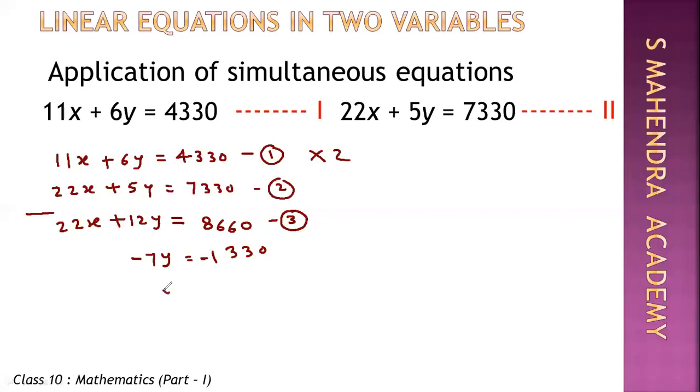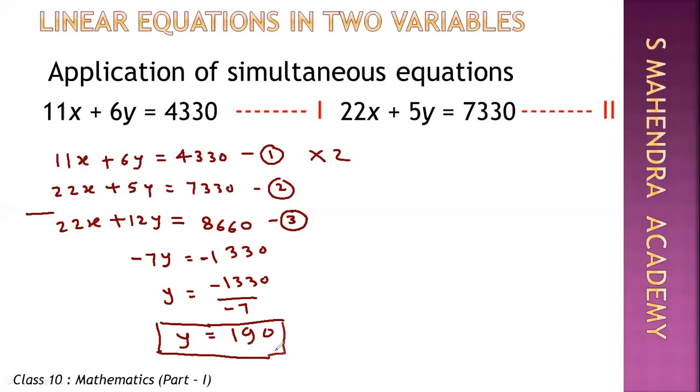So therefore y will be minus 1330 divided by minus 7, and the amount will be 190. So therefore the selling price of digital wristwatch is 190 per unit.